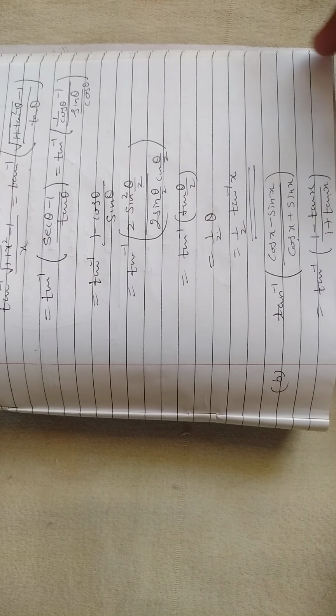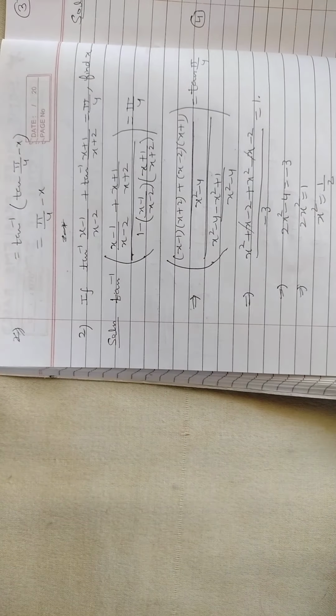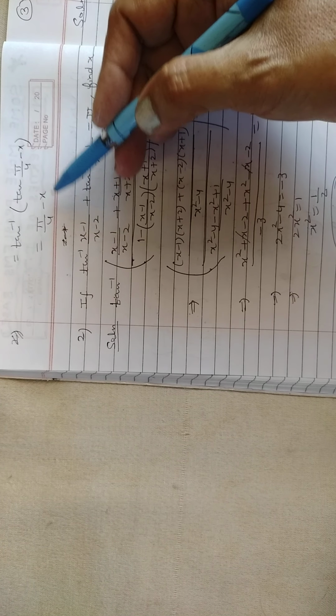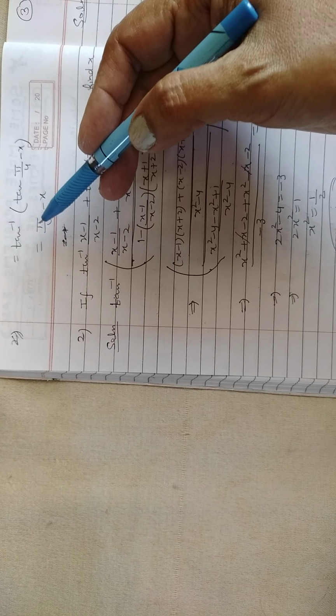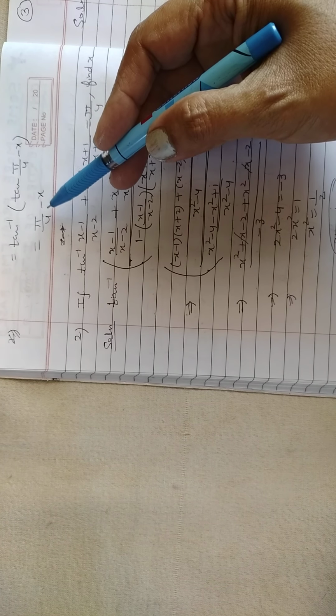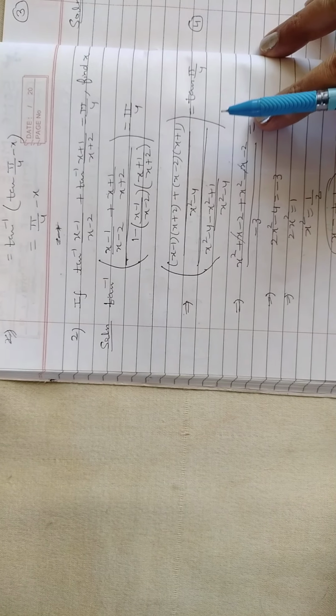And you know that 1 minus tan theta over 1 plus tan theta is the formula for tangent of 45 minus theta. So this tan inverse will get cancelled with this. You will get pi by 4 minus x. So earlier it was very complicated, and now in simplest form it has become pi by 4 minus x.